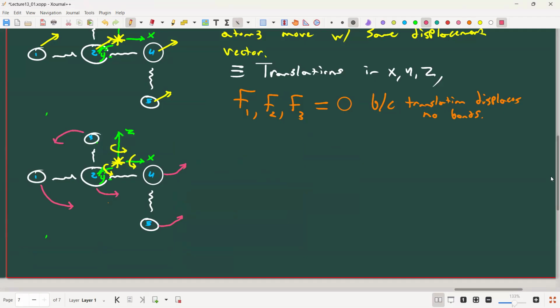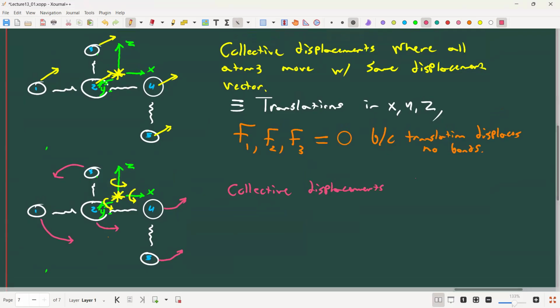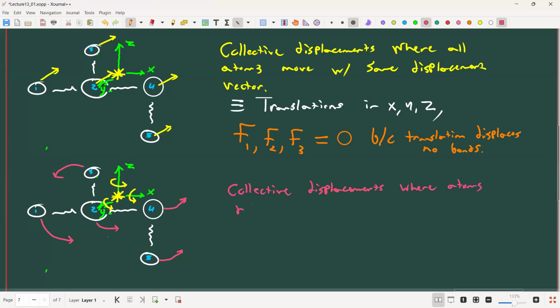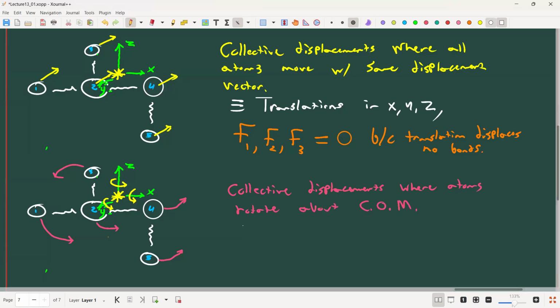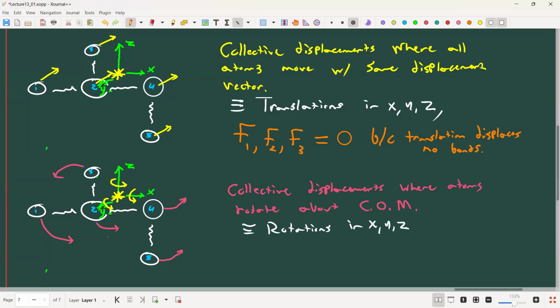So these are collective displacements where atoms rotate about the center of mass. And of course, this is just rotations in X, Y, Z. And depending on the molecule, there's either two or three of them.